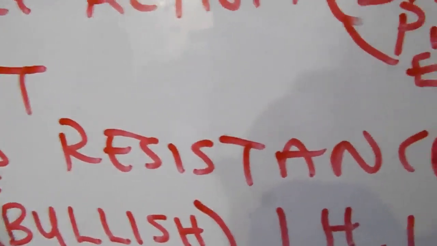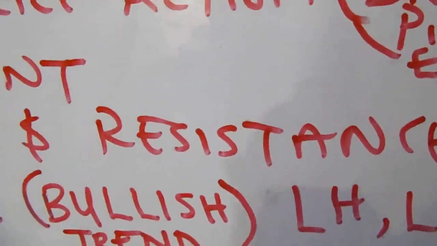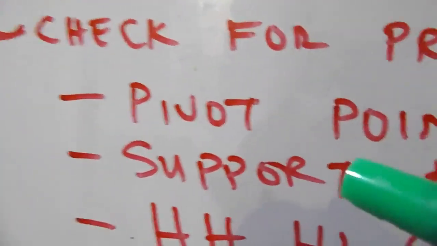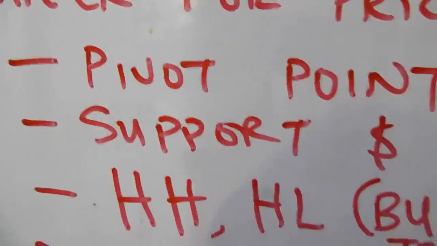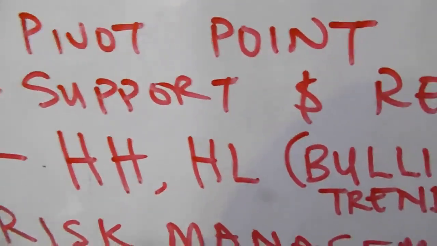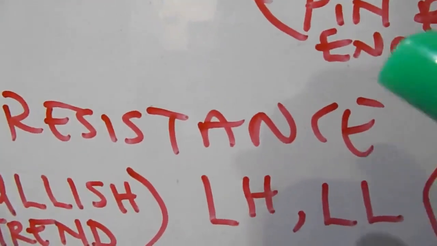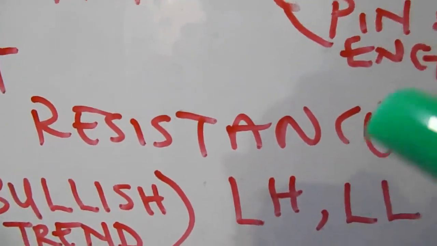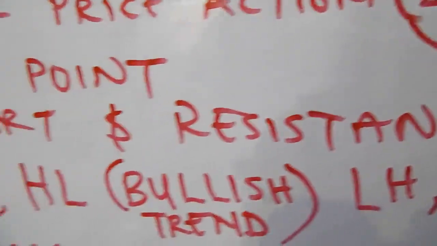But there are times where there will be manipulation, where instead of buying at the support, you need to continue to sell. So there are times that instead of selling at the resistance, you may need to continue to buy. So you have to look out for those things.